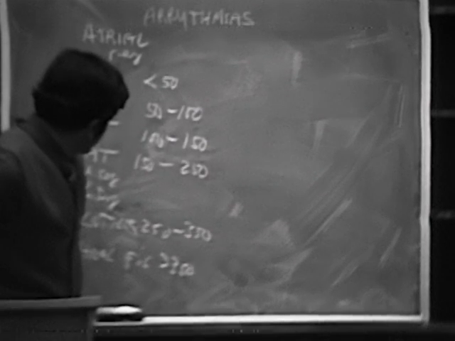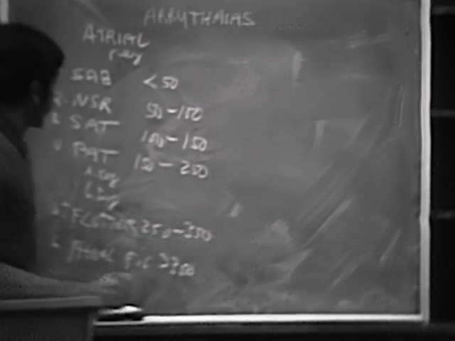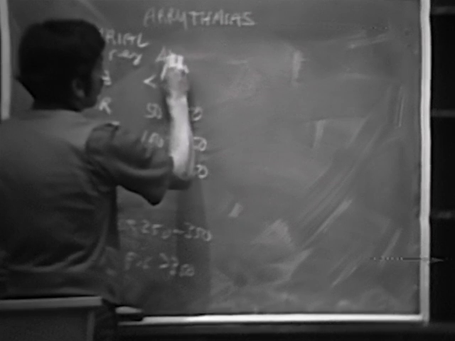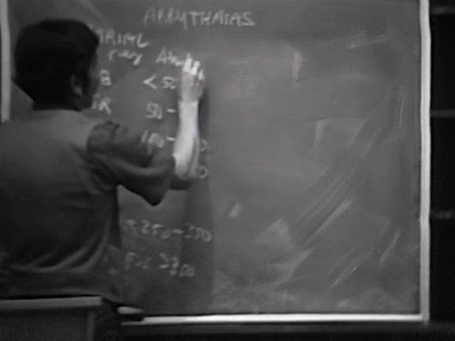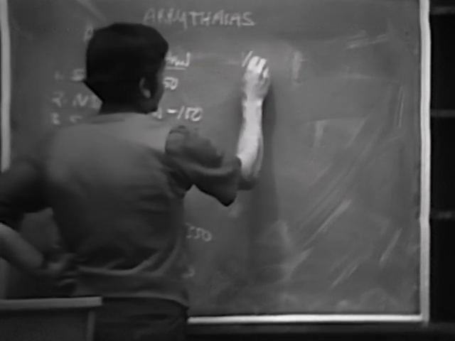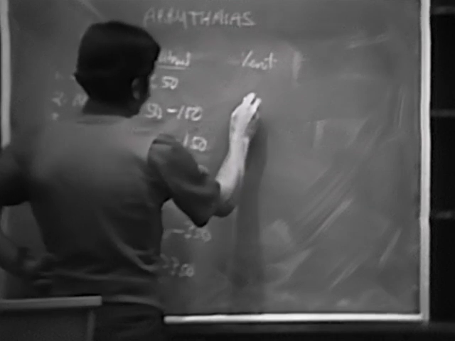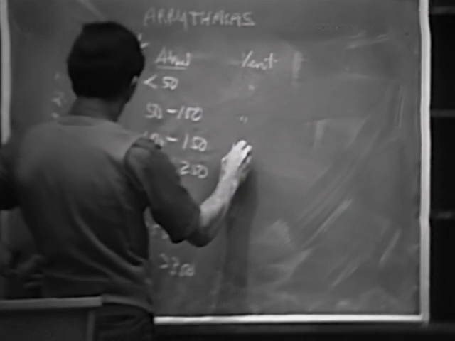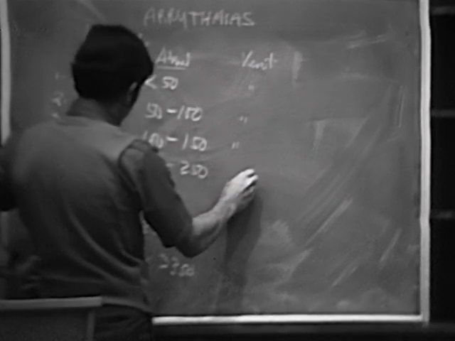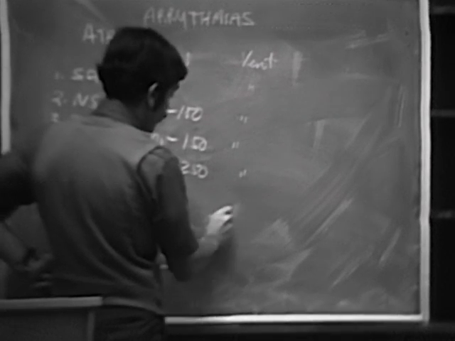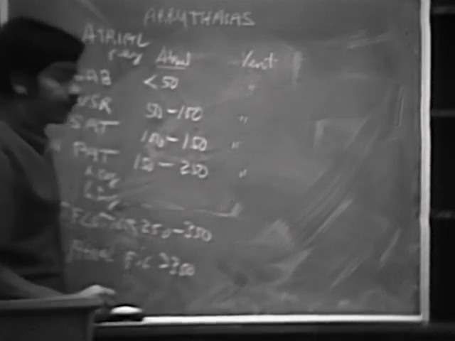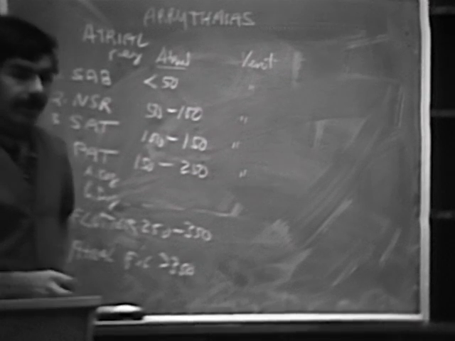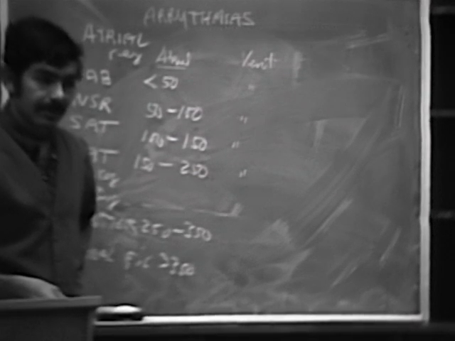Okay. So what I've put here really is the atrial rate, and then the ventricular rate is the same here, about the same here in sinus tach, probably the same here in PAT. In digitalis-induced PAT, the ventricular rate is usually less, right, because you have PAT with block, right?